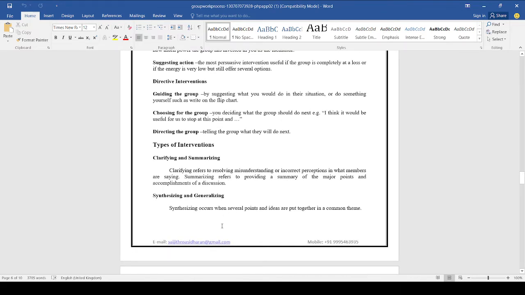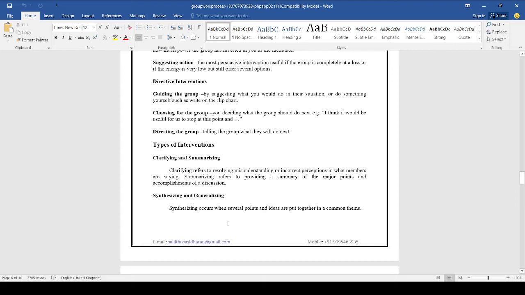There are some other types of interventions that include clarifying and summarizing. That means we all know about the gentle intervention in clarification, especially summarizing the major points of the accomplishment for a discussion. Another thing is synthesizing and generalizing.